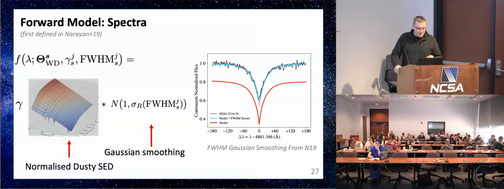To do the spectra, you take just the SED from before, apply some normalization. It's an arbitrary normalization that you infer as well, but it's more of a nuisance parameter. And you convolve it with a normal distribution. And what this is doing is smoothing the absorption features. And the reason for this is the resolution of your spectrum is never going to match the resolution of your theoretical SED.